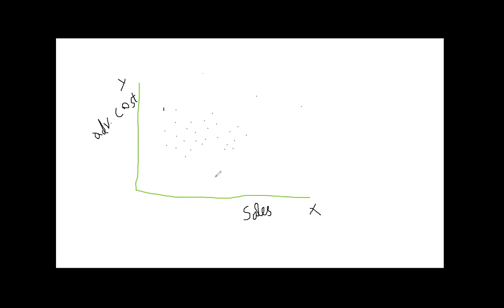So this is your sales and advertisement cost. We see an increasing trend: when we increase the advertisement budget, there is an increase in sales. Obviously, when you put more money on advertisement, sales will increase.